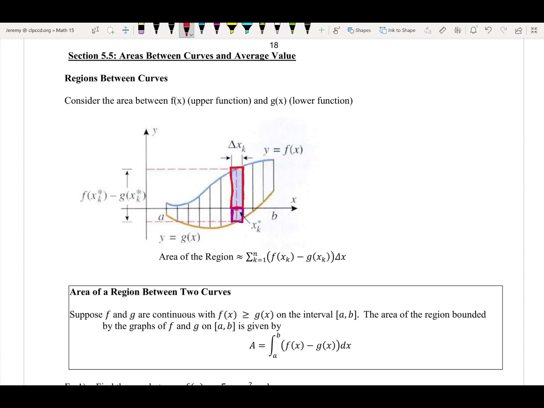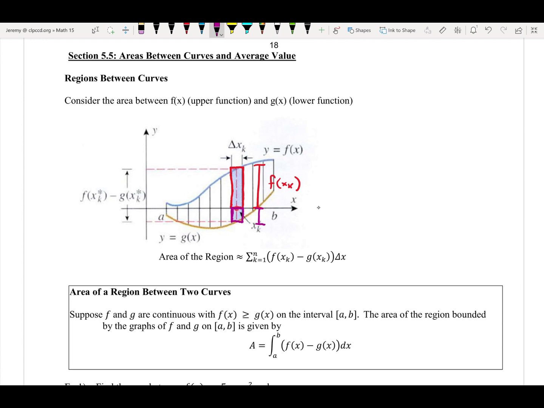So this distance is just going to be f of x sub k. And this distance right here, for this particular rectangle, is below the x-axis.